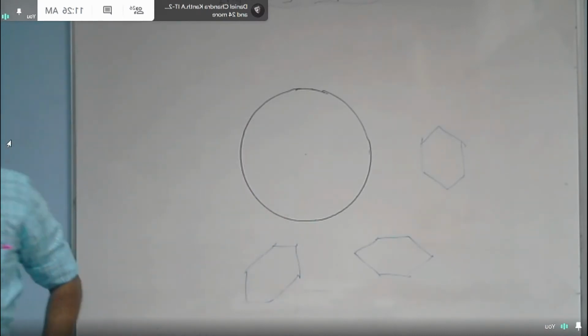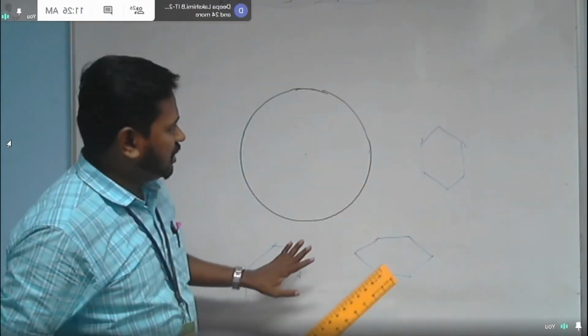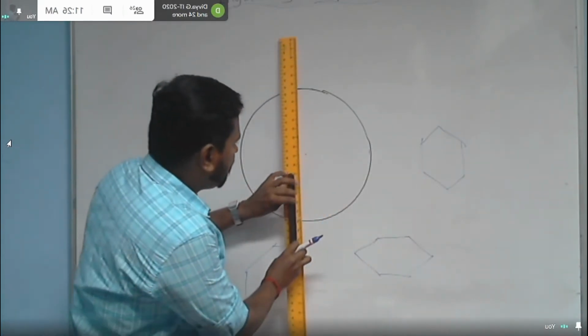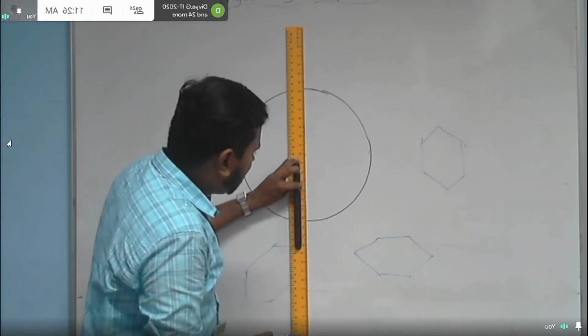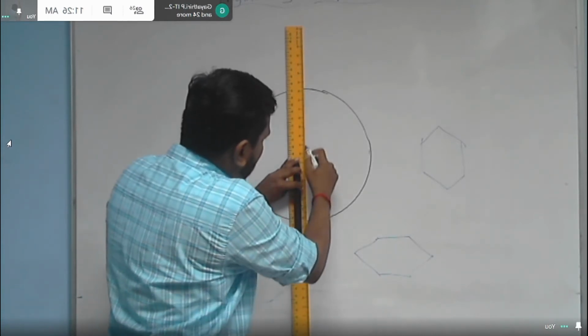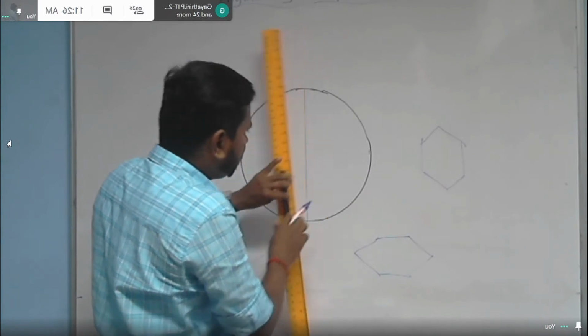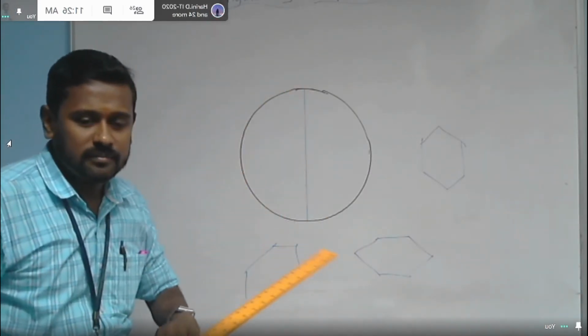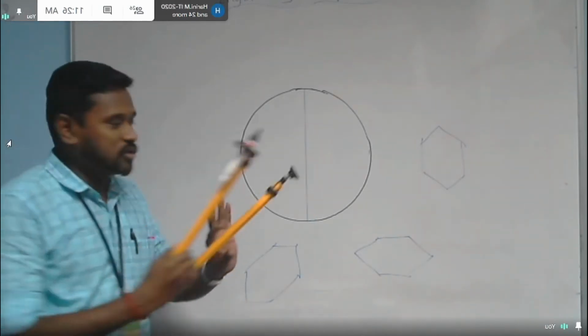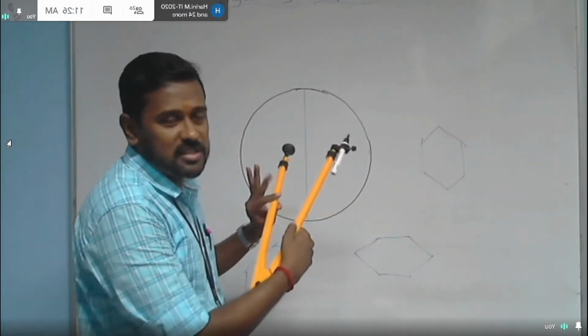For example, now I need the hexagon in this alignment. So I need to draw a diameter line in that circle passing through the midpoint with a 2H pencil, in this way. After that, take your compass again, still with the radius equal to the radius of that circle.